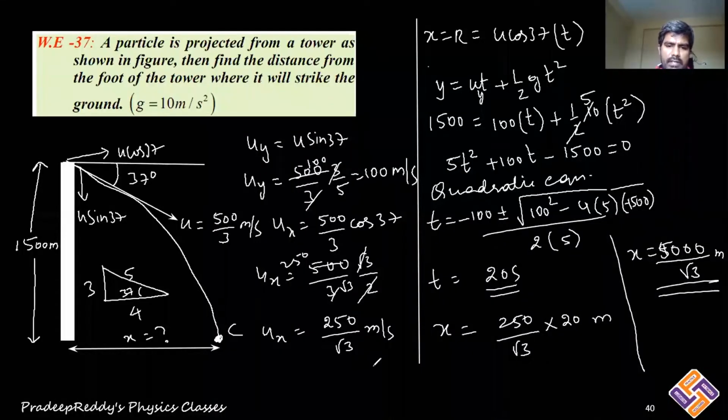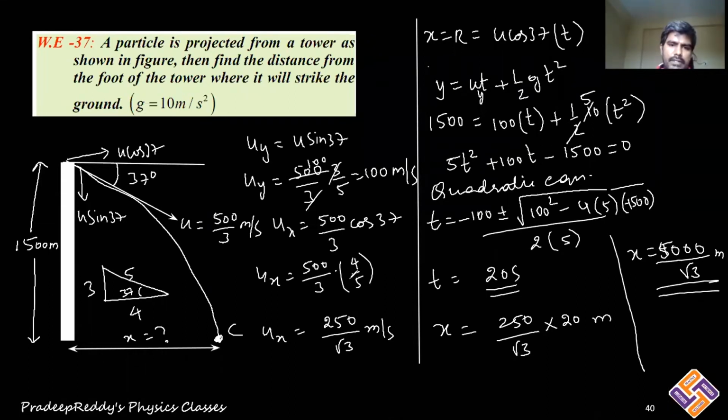Students, I have made one small mistake. This cos 37, I should actually take as its value. Cos 37 can be written as 4 by 5.